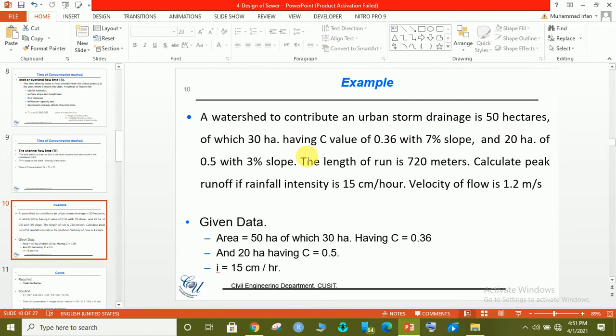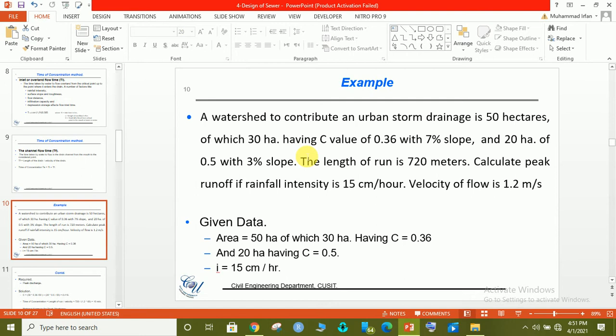The example is a watershed contributing to urban storm drainage of 50 hectare, of which 30 hectare has a C value of 0.36 with 7% slope, and 20 hectare has 0.5 with 3% slope. The length of runoff is 720 meter. Calculate the runoff if the rainfall intensity is 15 centimeter per hour. The velocity of the flow is 1.2 meter per second.